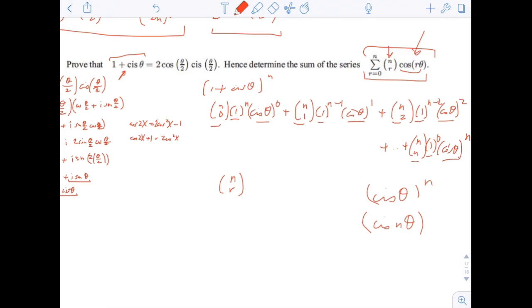There we go. Look at that. Doesn't that look like that? So that would be cosine of n theta plus i sine n theta. So this is one of those problems where they're looking at the real part and the imaginary part, I think.